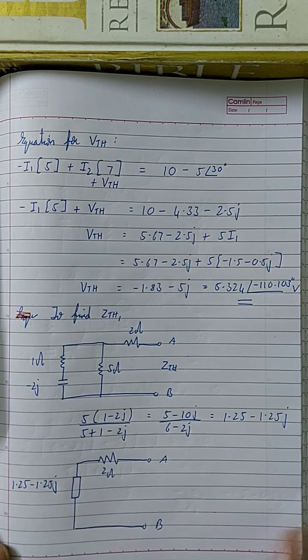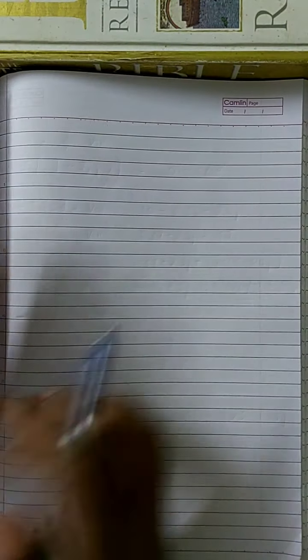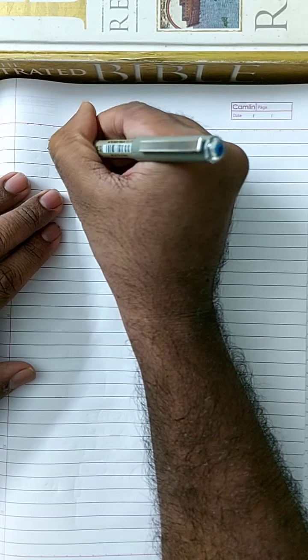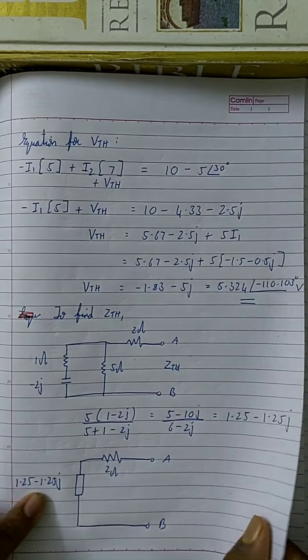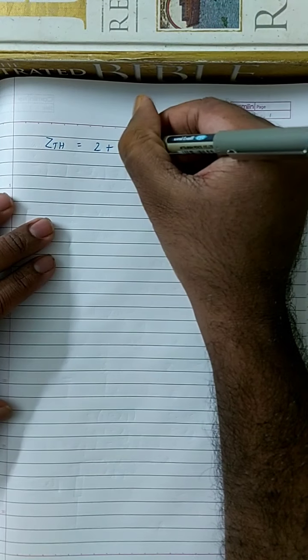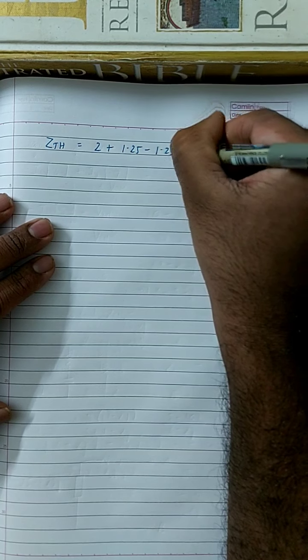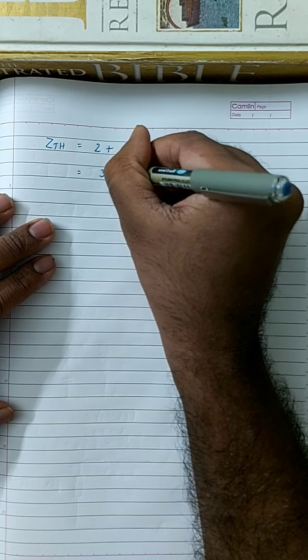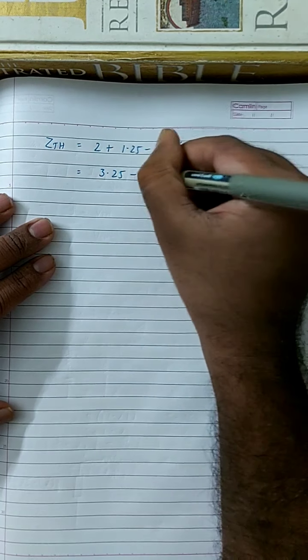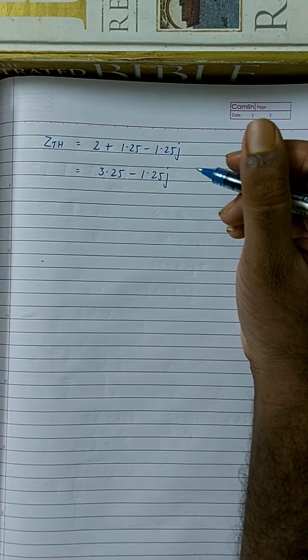So therefore ZTH is equal to 2 plus 1.25 minus 1.25j, which is 2 plus 1 is 3, so 3.25 minus 1.25j. This is the value of ZTH.